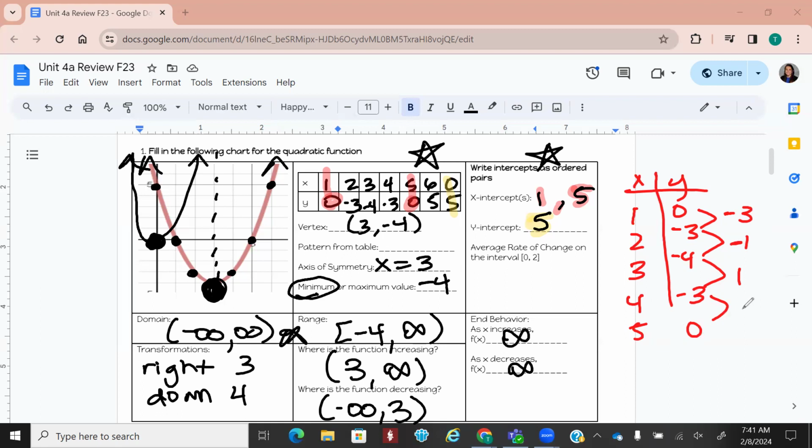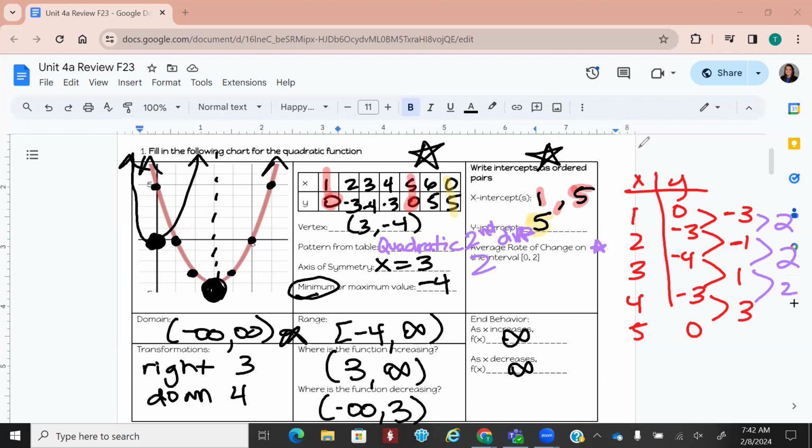And then from -3 to 0, that's add 3. So we see that the first difference is not the same. Good. The second difference is where we want to check. So from -3 to -1, how much? That's 2. From -1 to 1, that's 2. From 1 to 3, that's 2. Oh, I wrote 3. So this pattern from the table, it's a quadratic, and it's got a second difference of 2.